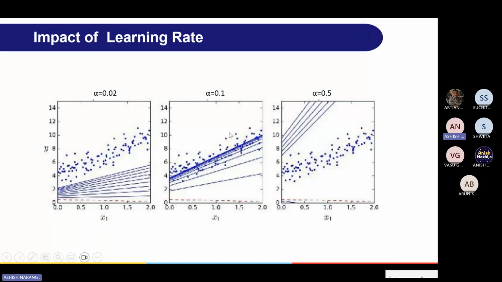But when alpha is 0.1, it has come very close to the points it is fitting. With 0.5, a very high alpha, it started here and jumped over this. Which I told you, it has missed the optimum value here and jumped to the other side.